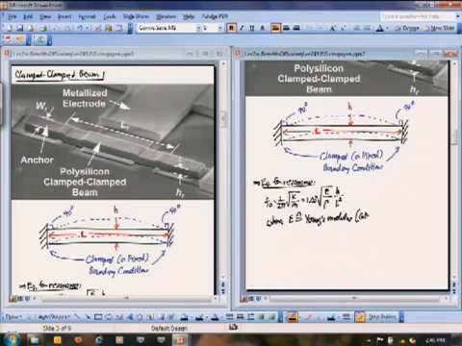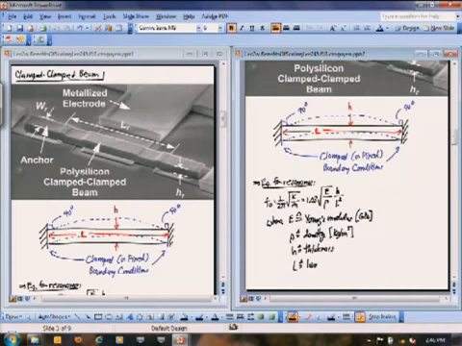Rho is the density, which in SI units is kilograms per meter cubed. And the other things were sort of designed in the picture, but for completeness, I will write them down. So H is thickness, L is the length of the beam, and both of these are in meters.